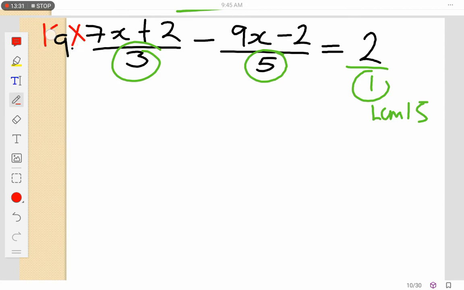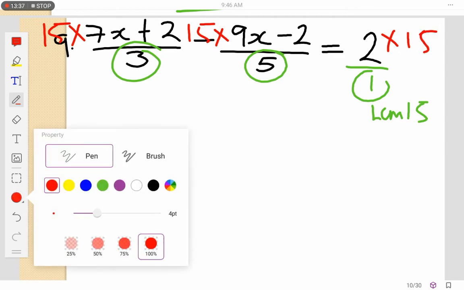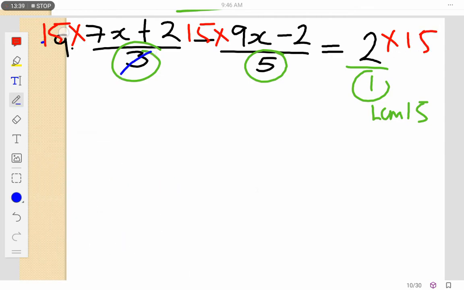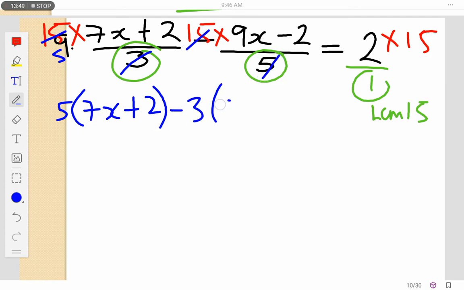Let's multiply by 15 here, and by 15 here. Okay, so when I do that, I can now divide 3 into 15, 5. So I have 5 times 7x plus 2, minus 5 into 15, 3 times 9x minus 2, is equal to 1 into 15, 15 times 2, we get 30.